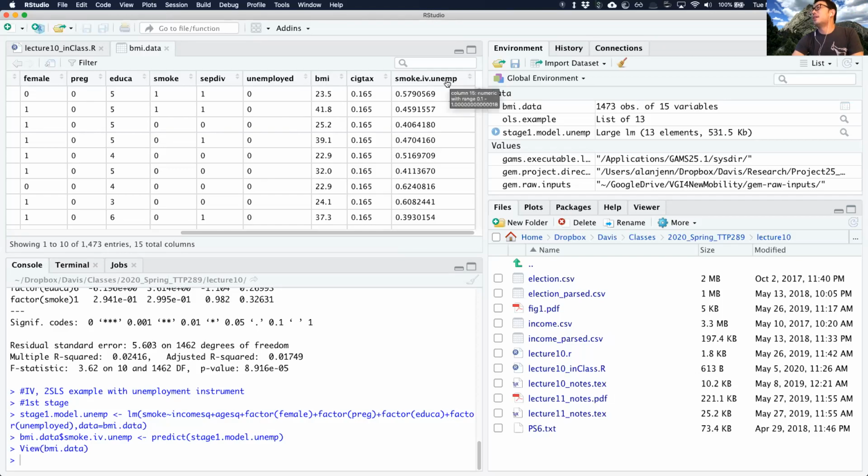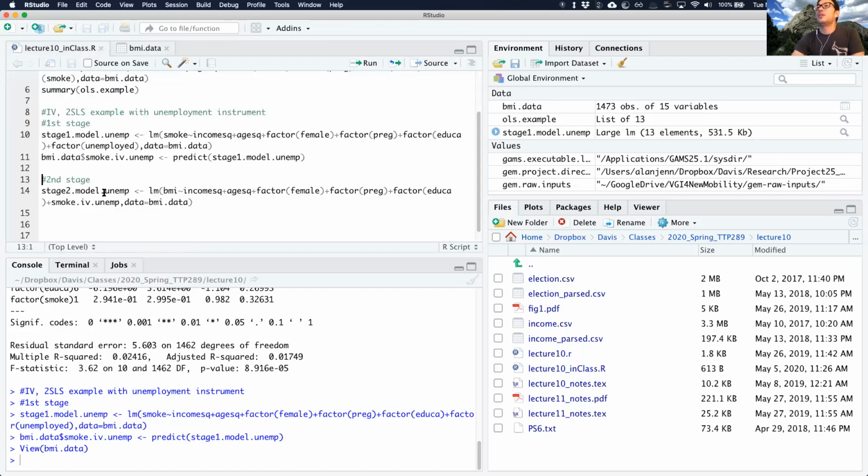And so instead, when we go into our second stage, this is the predicted for smoke, not for unemployed, which is still a categorical variable. So instead of plugging in smoke as a variable in the second stage, I'm going to plug in the predicted smoke.